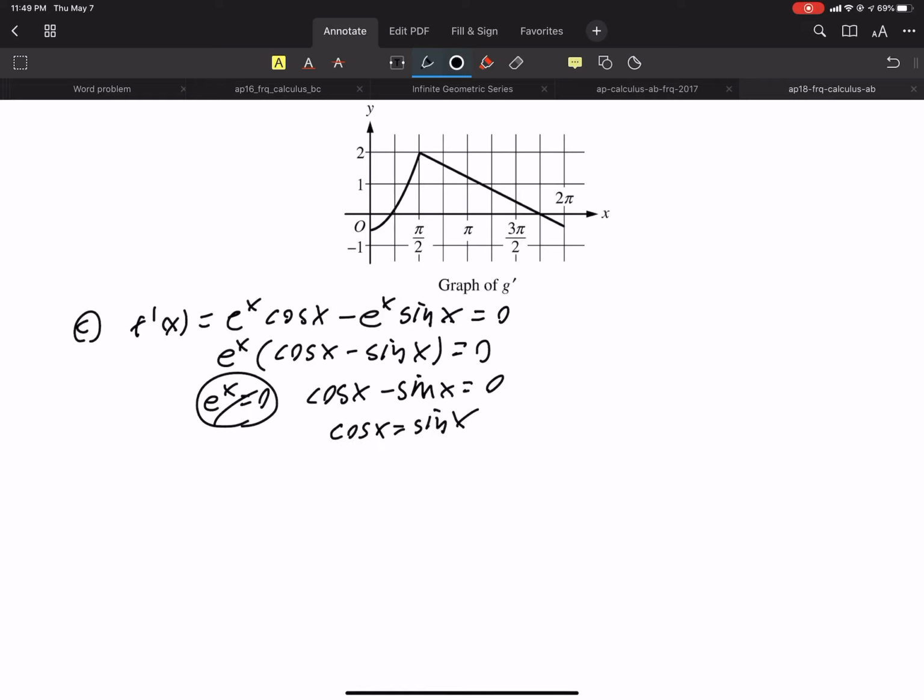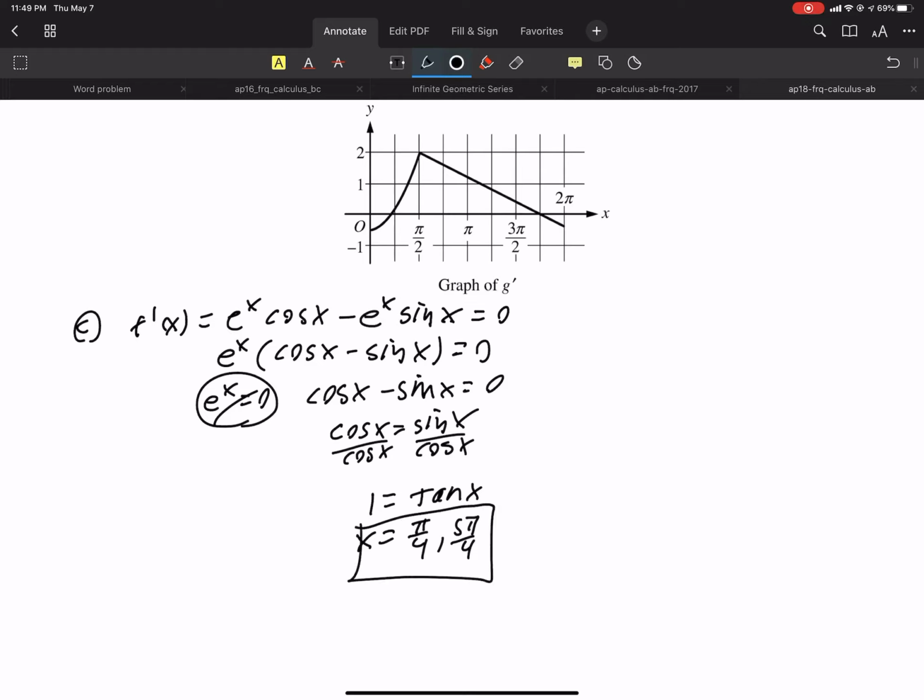Divide both sides by cosine x. And you get 1 equals, and sine over cosine's tangent x, and then you ask yourself what angle has a tangent of 1, and that's going to be pi over 4 and 5 pi over 4. So those are your critical values right there.